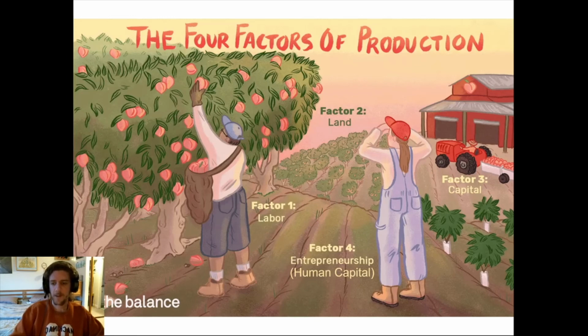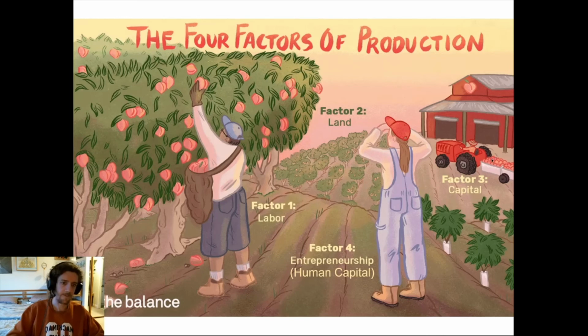Okay, so a quick image for you here about these four factors of production and how they can be visualized, right? The land itself, the earth and the trees growing out of them. The labor is the physical action. The human capital is the skills and knowledge that make this all work, right? Knowing how much to water the trees, knowing what kind of tractor to buy, knowing what season to plant them in, right?